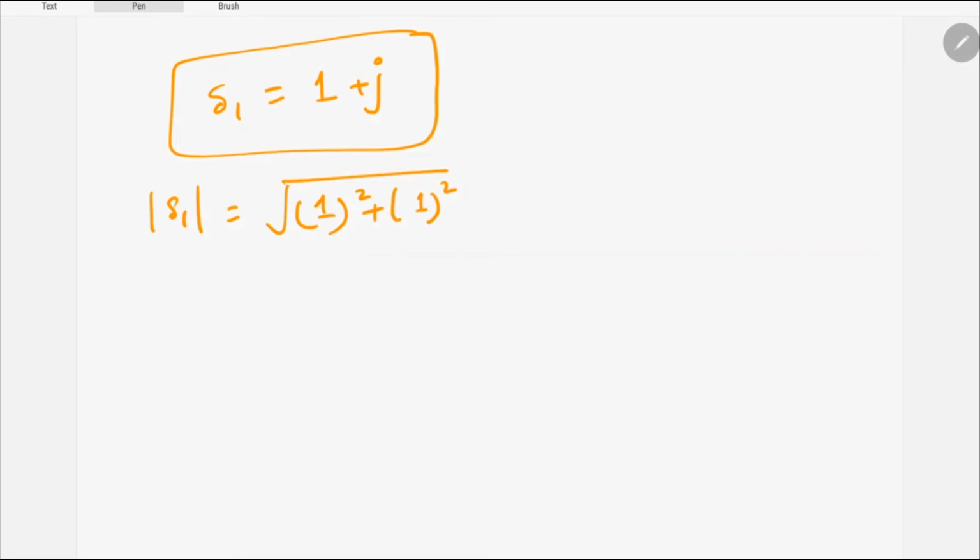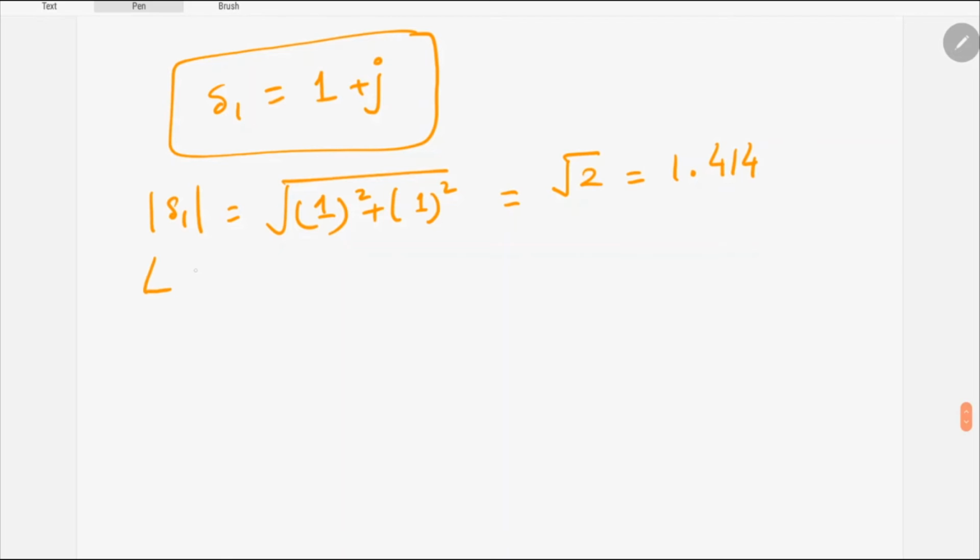We don't take any i or j, we just take the coefficient. So the coefficient of j is 1, and this will be equal to root 2, or 1.414.